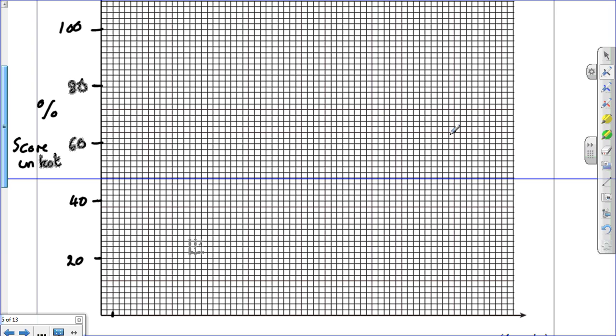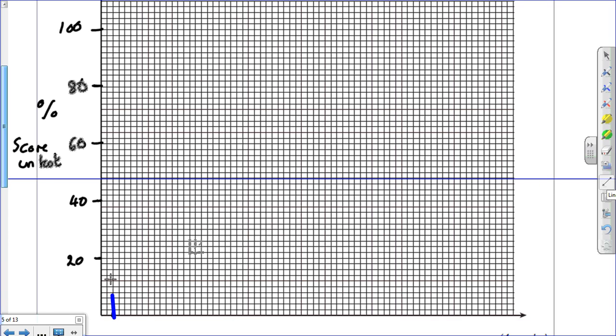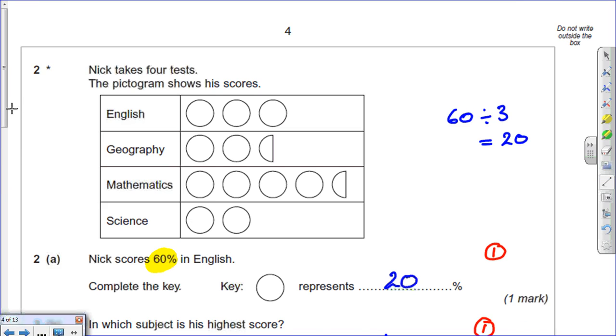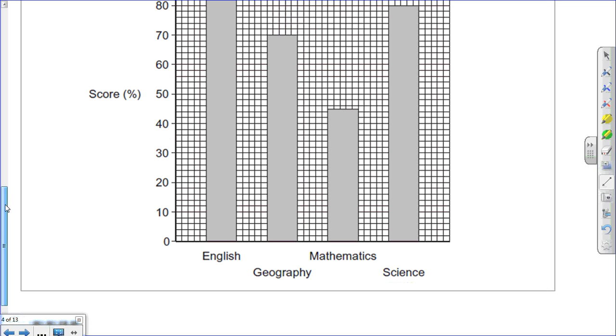And then we'll make it 5 squares across. Could have been more, could have been 10. In fact, if we flip back, we can tell how wide to make it. How wide did they make it for Jen? It was 5 squares. And that was his score for English.